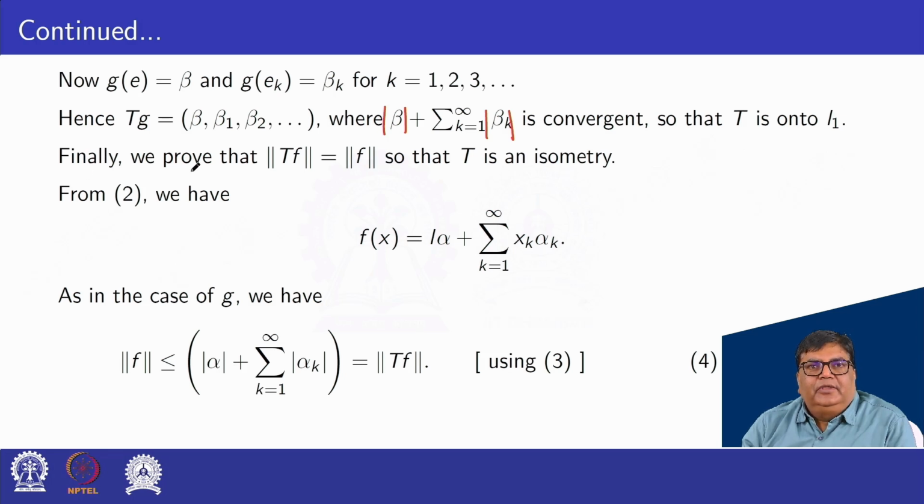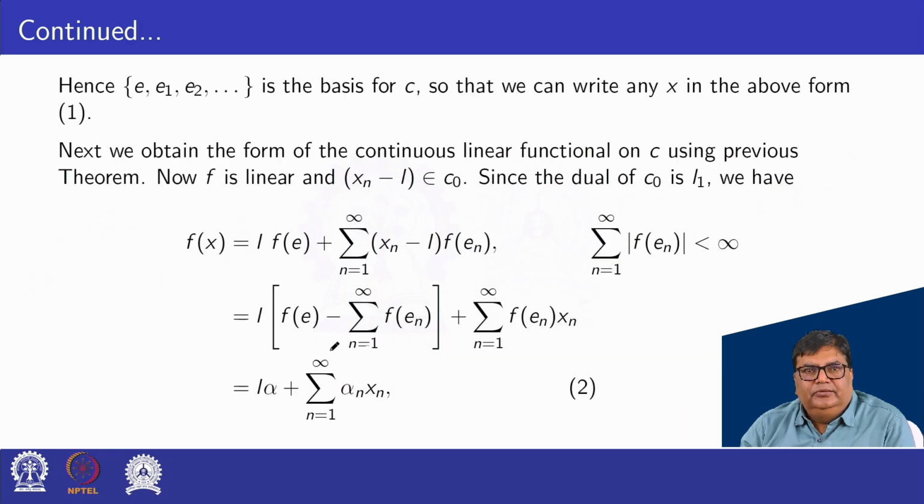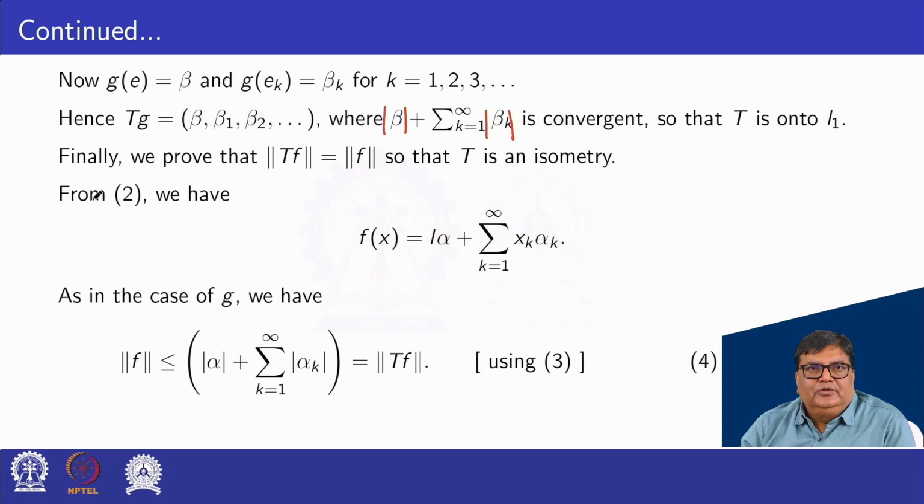Finally, we prove that norm Tf is equal to norm f, so that T is an isometry. From equation 2, we have f(x) is equal to L alpha plus summation k is equal to 1 to infinity xk alpha k. Here equation 2, f(x) is equal to this one. So from 2, we have this.